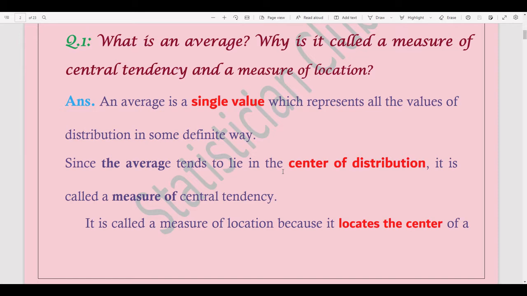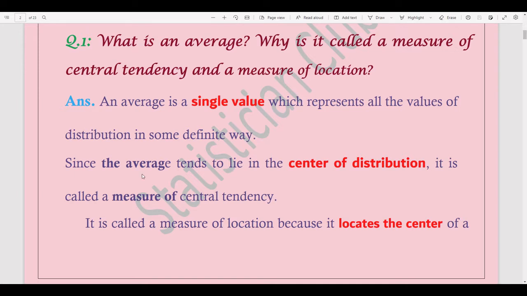Suppose that you have 10 values, you add up all the values and divide by 10, and you get a value which lies roughly in the middle of your data set, because you add up all the lesser values and greater values, and after dividing by the total number of values, you get a single value which lies at the center of the data set. So for that reason it is called central, due to the center of the distribution.